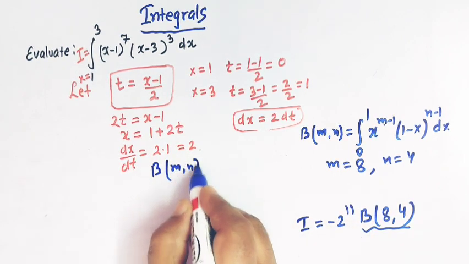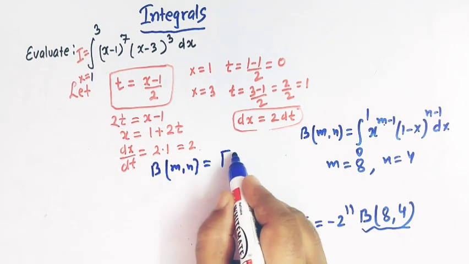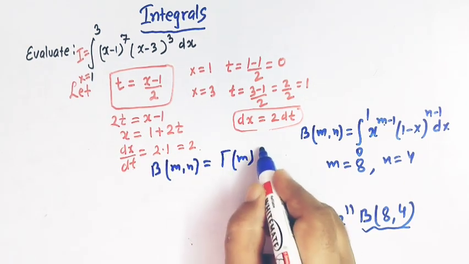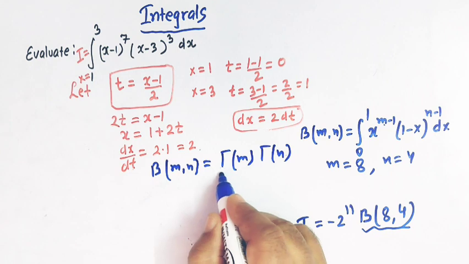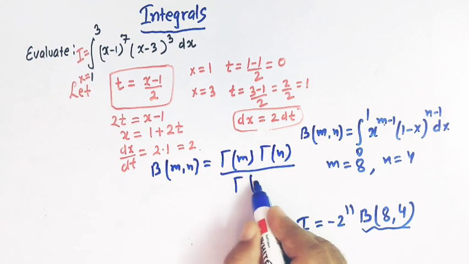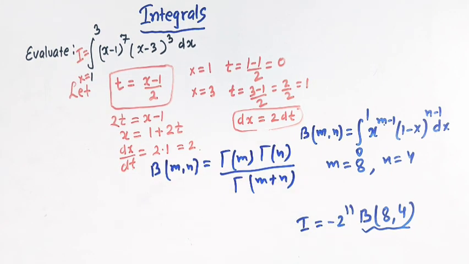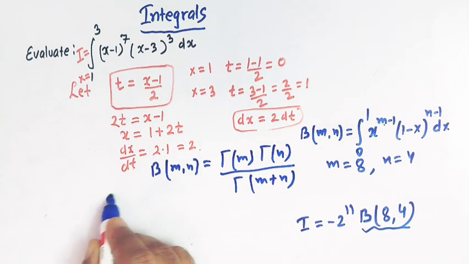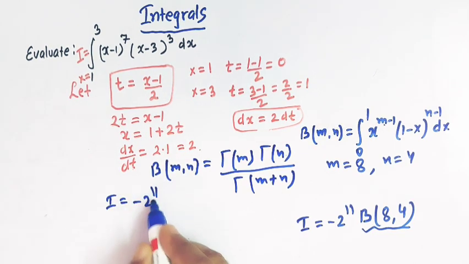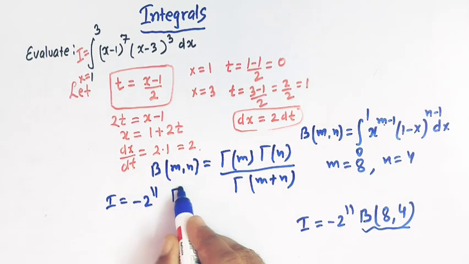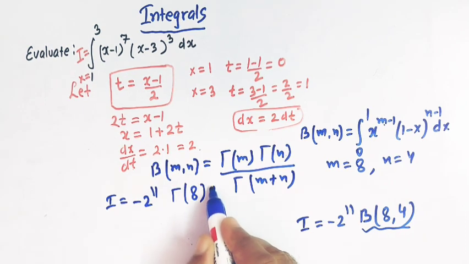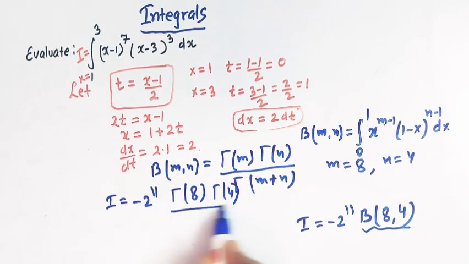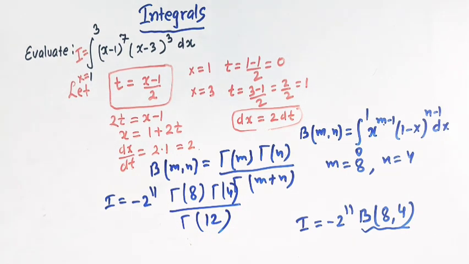So we have beta(m, n) equal to gamma of m times gamma of n divided by gamma of m plus n, right? So we have I equal to minus 2 raised to 11, times gamma of 8, gamma of 4, divided by gamma of 8 plus 4, that is 12, right?